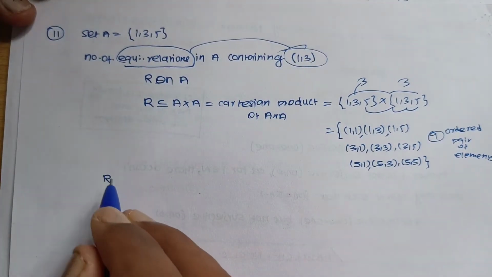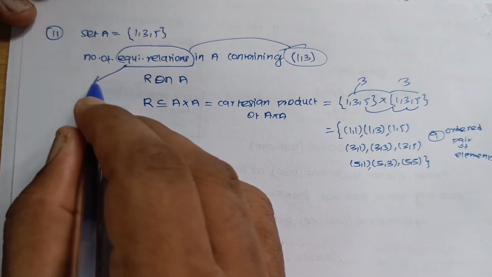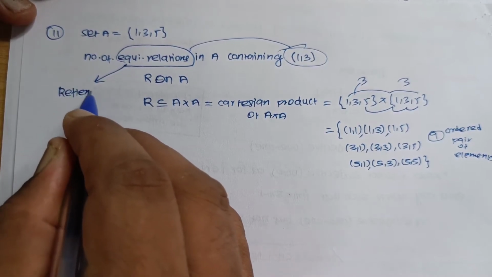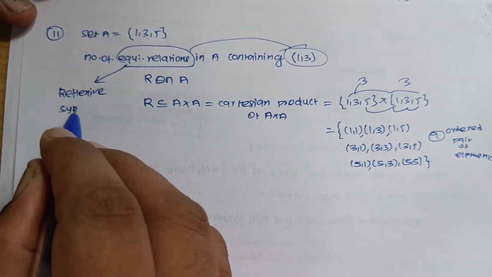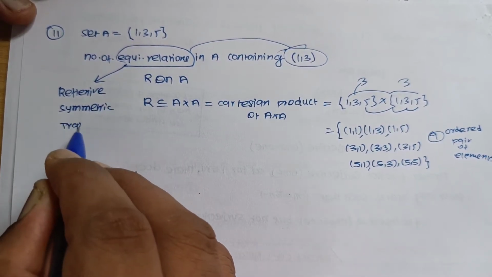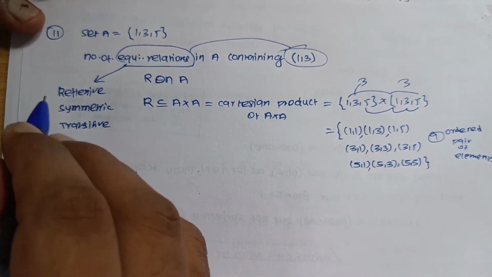First consider equivalence relation R1. An equivalence relation just needs to satisfy reflexive, symmetric, and transitive. What is reflexive?